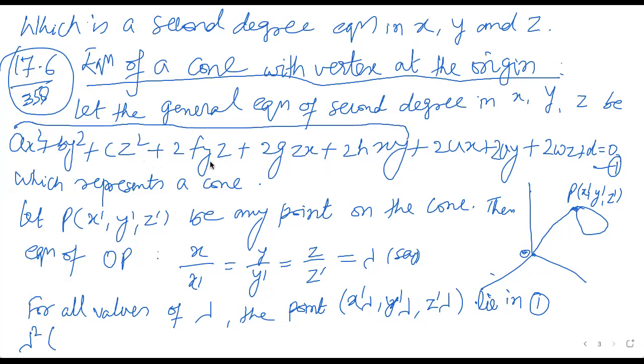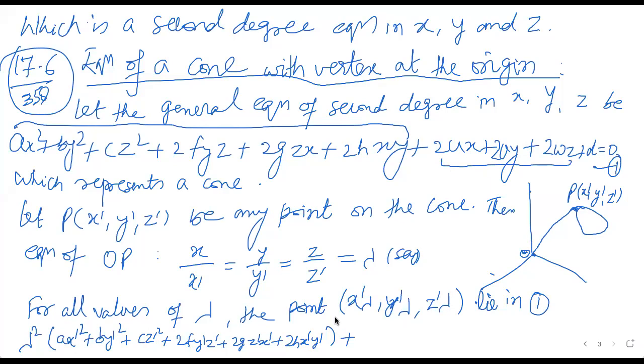So you will be having λ²(ax'² + by'² + cz'² + 2fy'z' + 2gz'x' + 2hx'y') plus what about this term? यहाँ पे क्या कॉमन आएगा? λ कॉमन आएगा यहाँ पे, क्योंकि यहाँ पे एक ही सिंगल ये आपकी 1 डिग्री की टर्म, so here lambda will be coming.